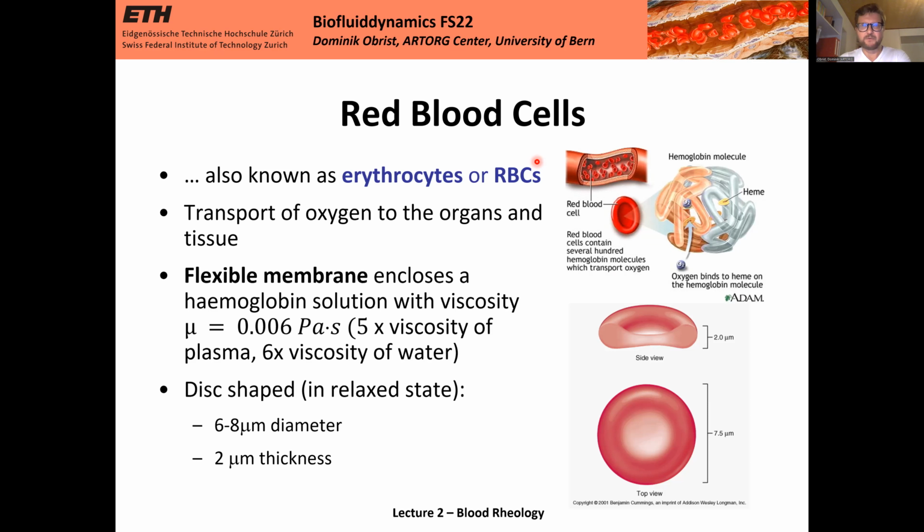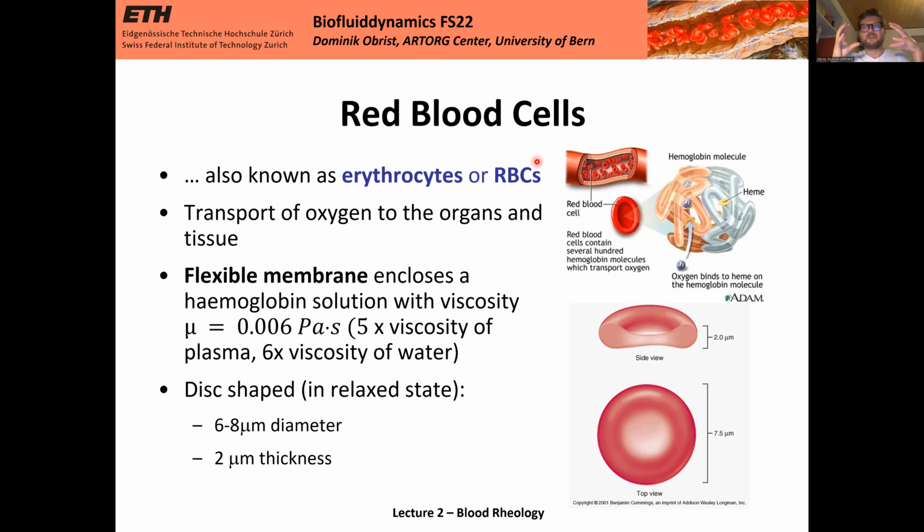From a mechanical point of view, these red blood cells are quite interesting objects. They are not rigid particles, they're actually flexible capsules. So they comprise a flexible membrane, which sort of makes up the surface of the red blood cell. And this flexible membrane encloses a fluid solution of hemoglobin.